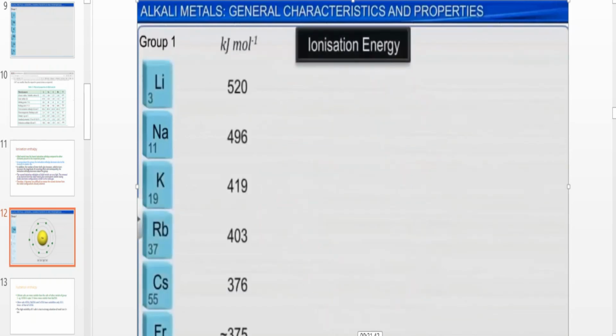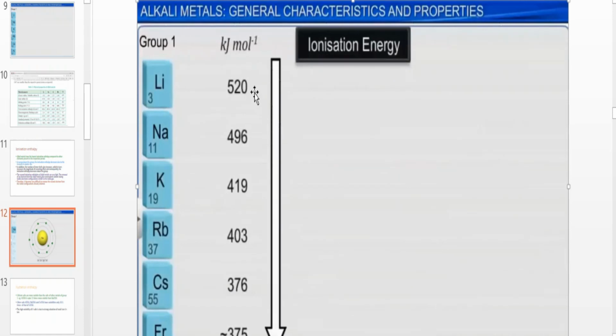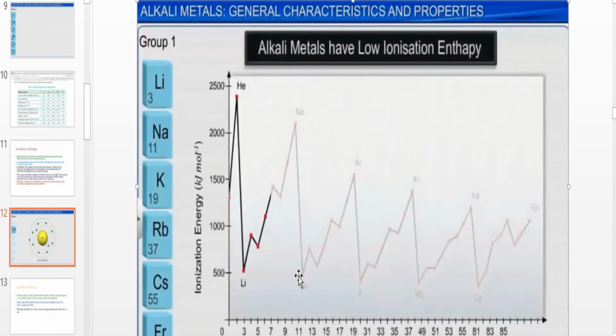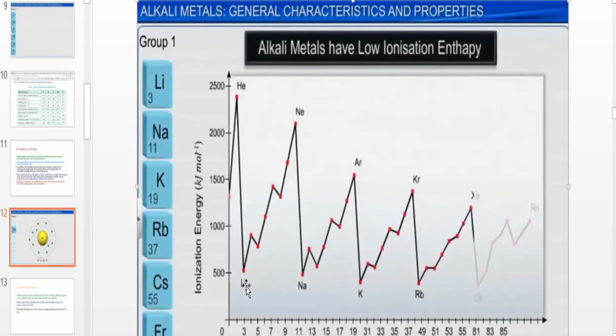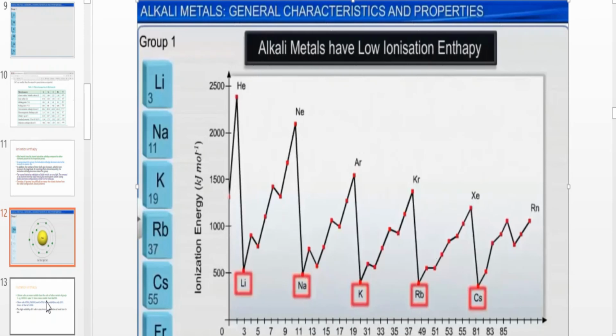Look, ionization enthalpy decreases from top to bottom, and the ionization energy of lithium, sodium, potassium, rubidium and cesium is less with respect to that of their period. So alkali metals have low ionization enthalpy.